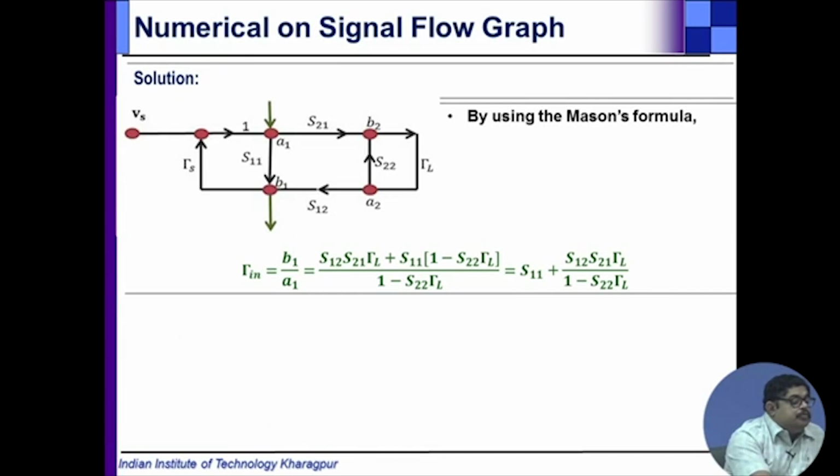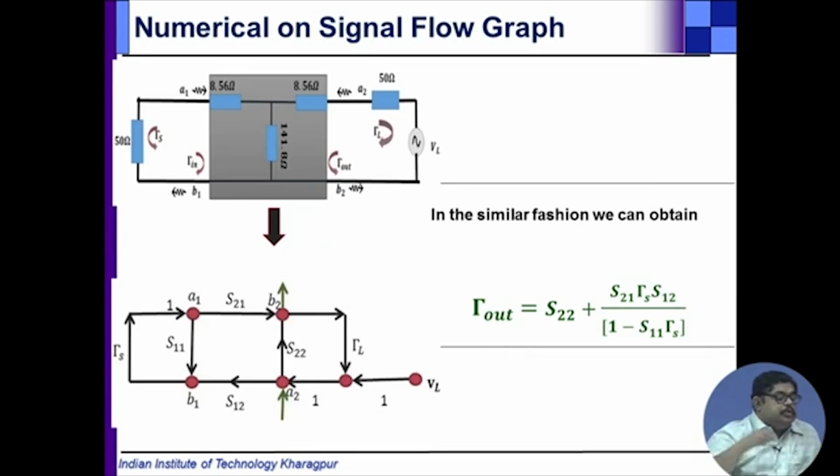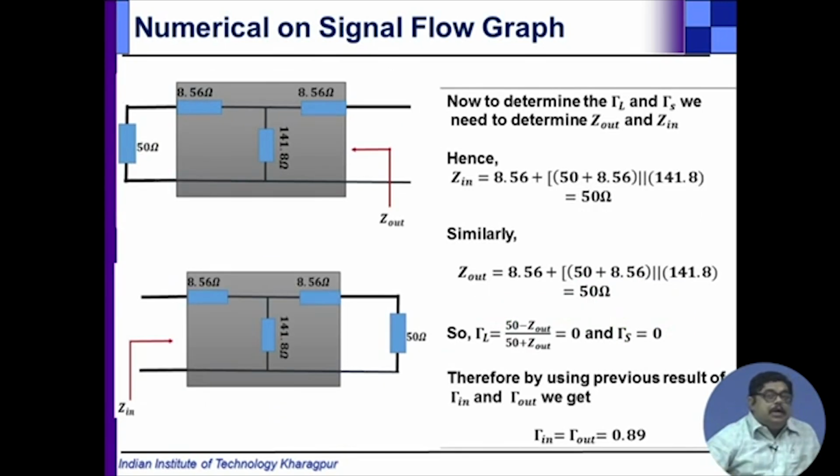Now, for the input side, we already have in the lecture the input reflection coefficient for a loaded network by signal flow graph, which comes to be S11 plus S12 S21 gamma L by 1 minus this. Gamma out you can also find from this, but to determine gamma L and gamma S, you need to determine Z out and Z in, the output impedance and input impedance. Now, what will the input impedance be?